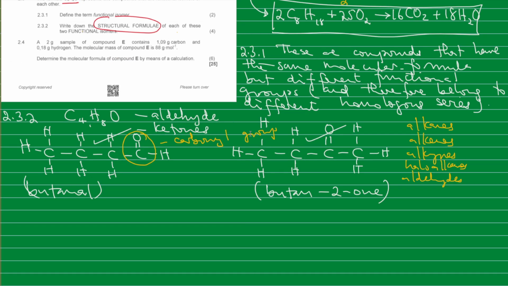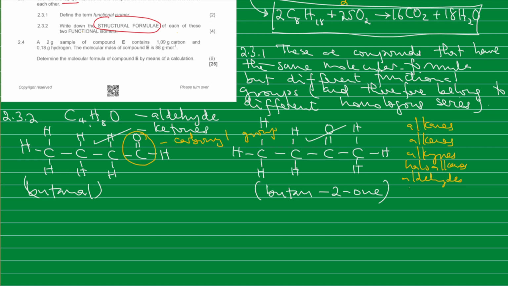They have the same molecular formula, as we have explained earlier, but they have different functional groups. Now, let me also mention that when you are given functional groups out of the homologous series that we have, let me just complete this list.